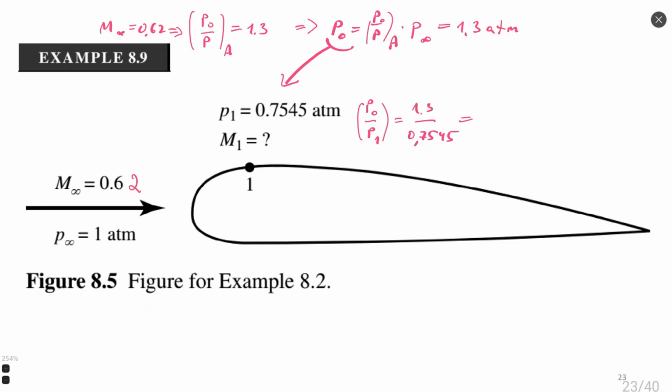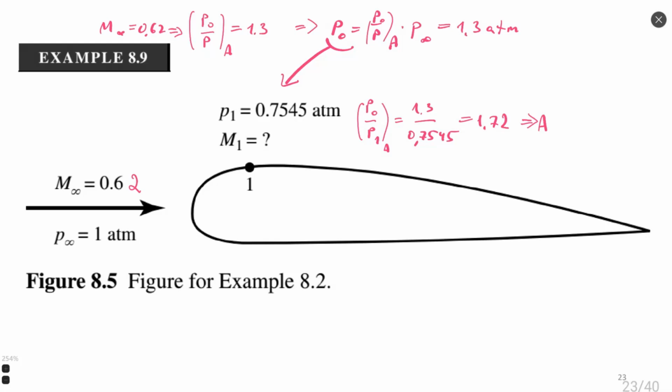It is 1.72, this pressure ratio. So I have this pressure ratio, and then I will go to Appendix A and see this pressure ratio inside Appendix A.